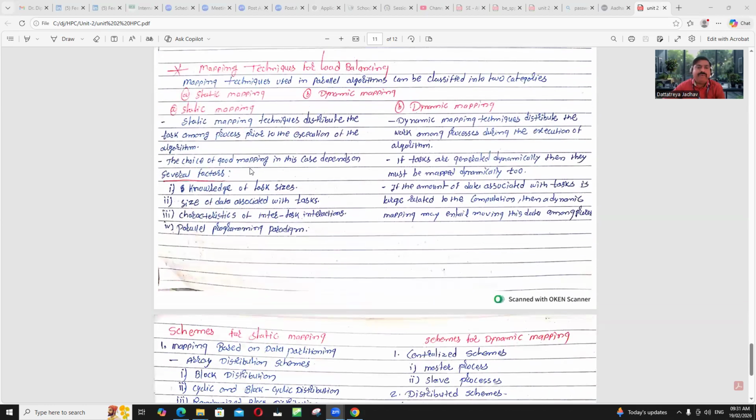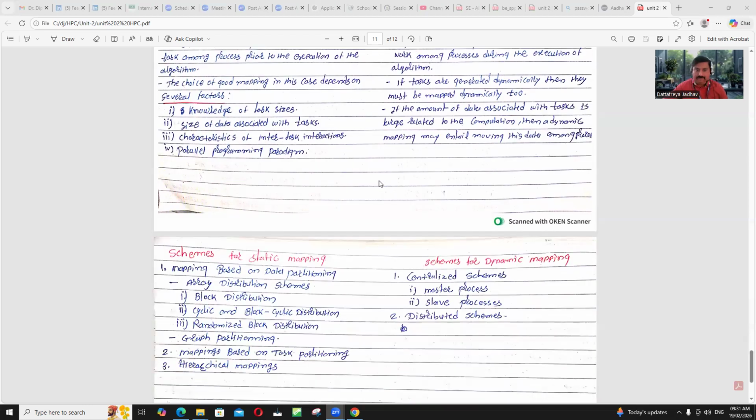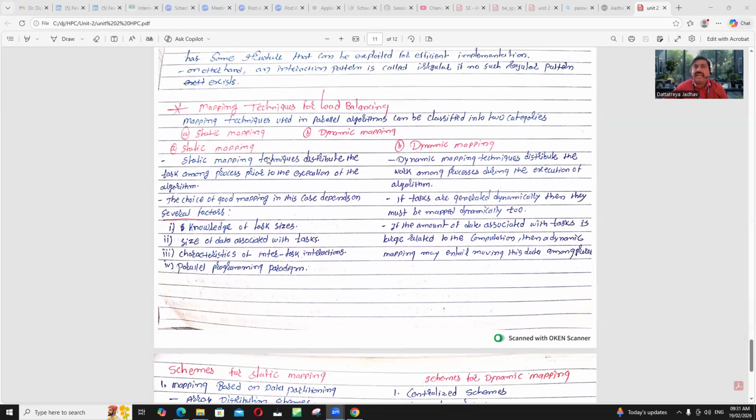So next point, whatever we learn about that parameter, the mapping technique for the load balancing, right? So we have to go with some technique, the mapping technique for the load balancing. There are different techniques of load balancing, either dynamic mapping or static mapping.